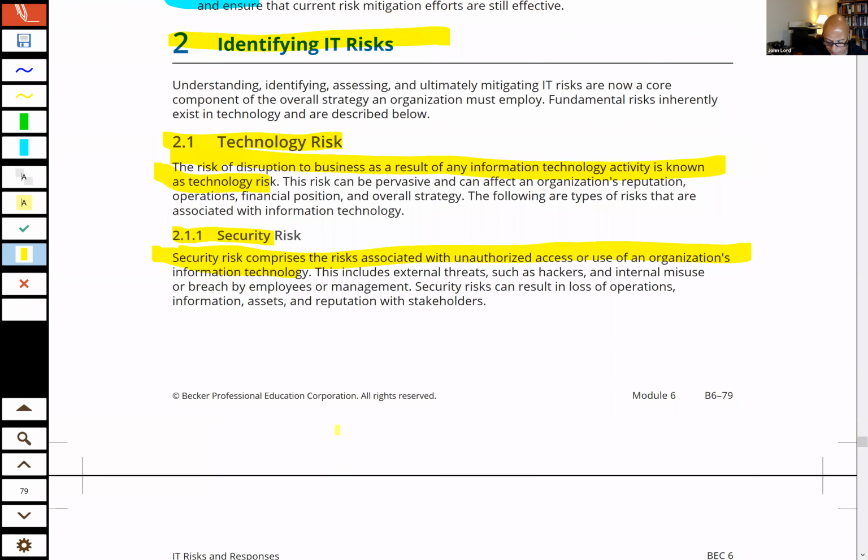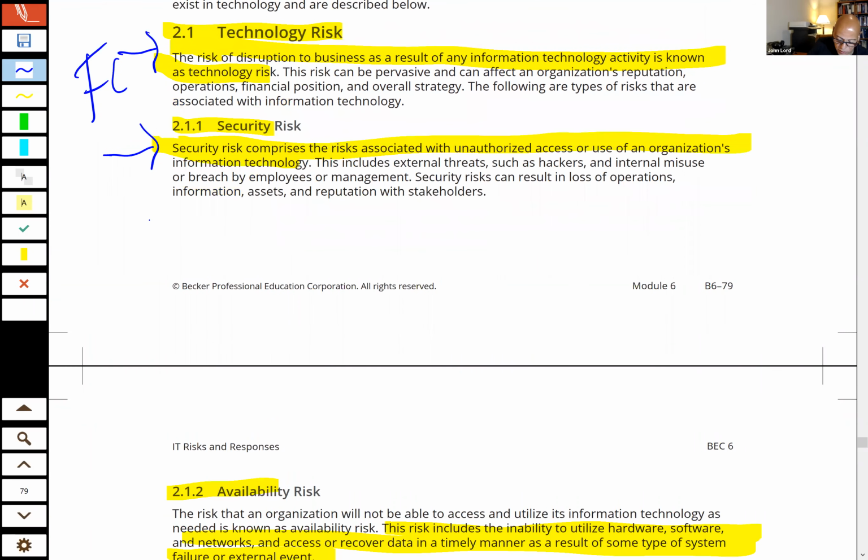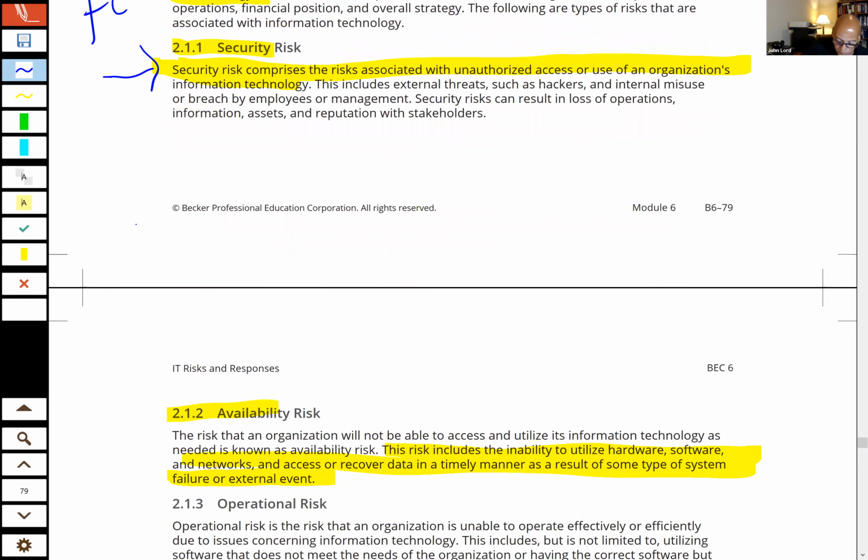You know, I'm thinking now, even though I didn't ask you for a flashcard on this at the beginning, go ahead and let's take a look at the different types of risk, and let's flashcard them at a high level. Technology risk, security risk, availability risk, okay?